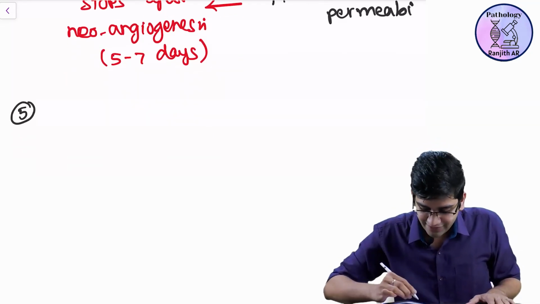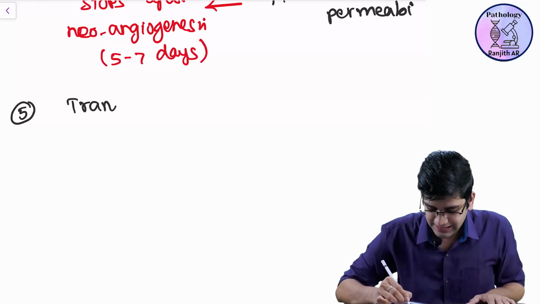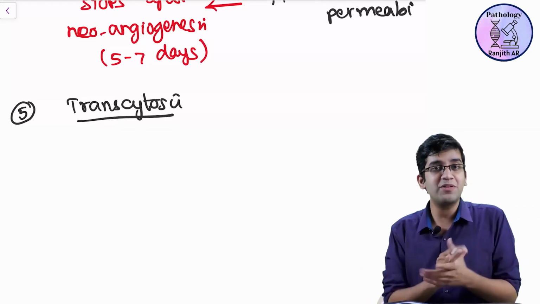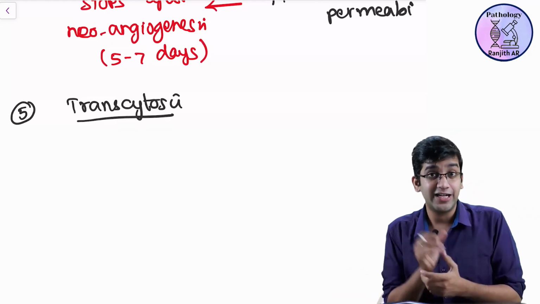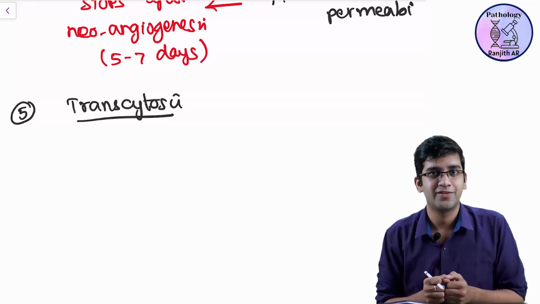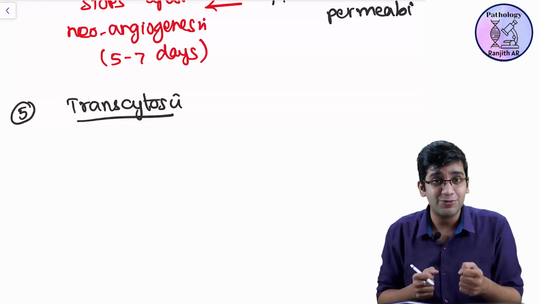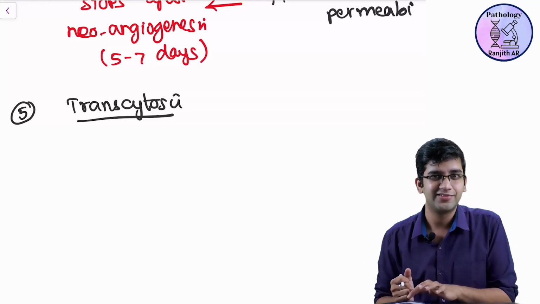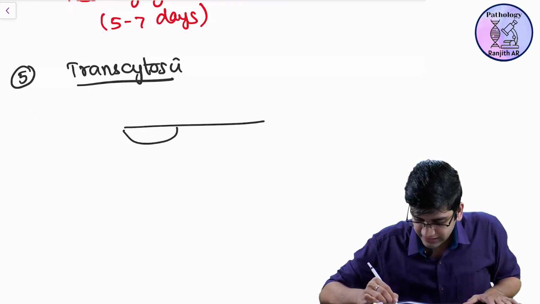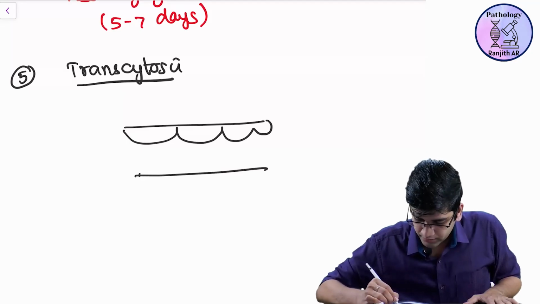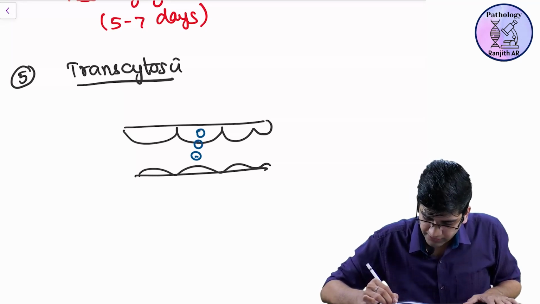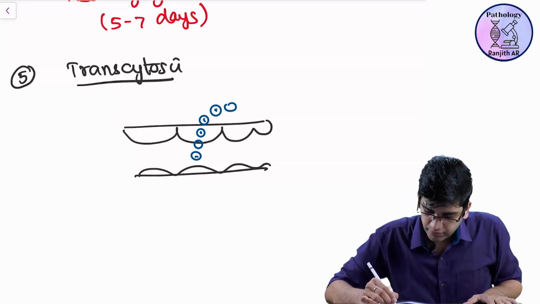So, when I have something called transcytosis as well. A few people still believe that a WBC can just walk across my endothelium, which means there is a door here, and it just walks across the door. Not so much proven. Some people still believe that if this is my endothelium, my WBC can just walk like this, it can go out without any damage.